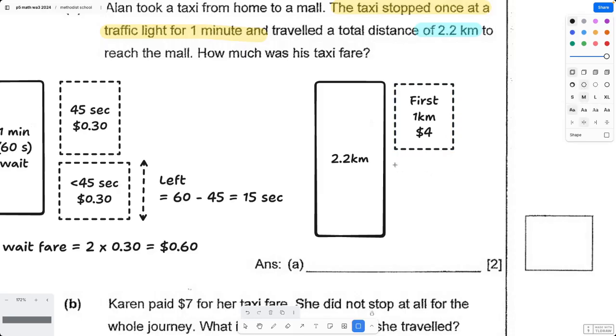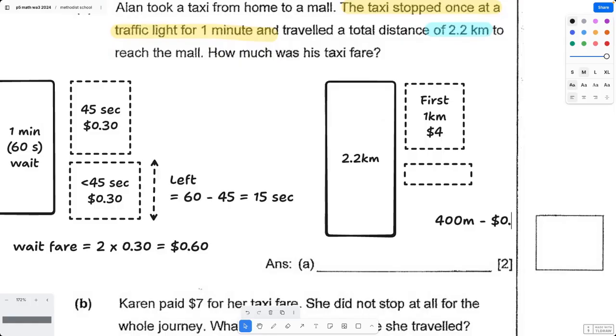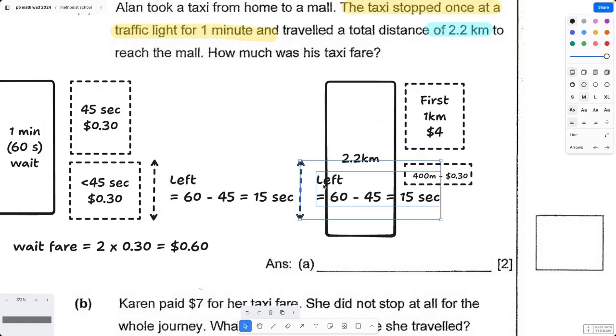So 400 meters is equal to, in this case, 30 cents as well. So what are we left with when we do this?